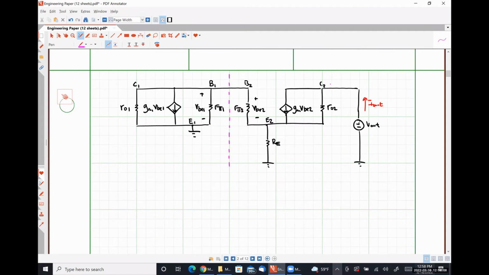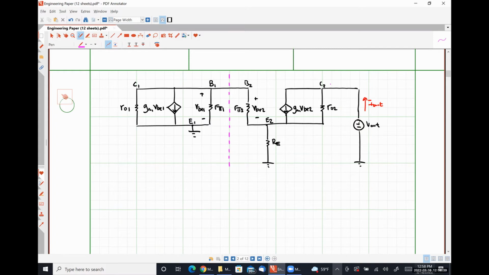It's not contributing much, if anything. From there, our analysis is pretty straightforward. Now, realistically, we don't even have to do it. What I mean by that is if this is ground and we're looking into the output terminal, we see the output of a current source that has an emitter degeneration resistor, right? Which we've dealt with before.